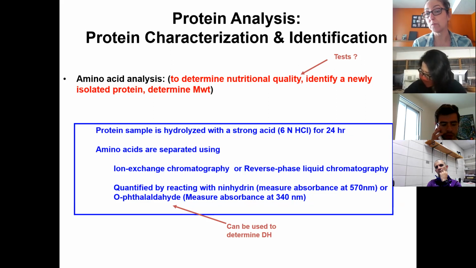For tryptophan, we can do NaOH hydrolysis, that is, alkaline. And for cysteine and methionine, we have to use a specific reagent to allow their detection. So oftentimes there are 3 different ways we hydrolyze, so that we can get the complete amino acid composition.